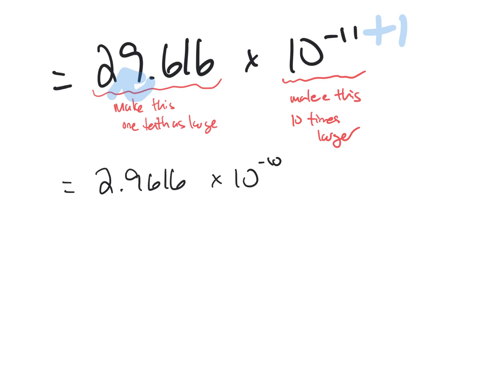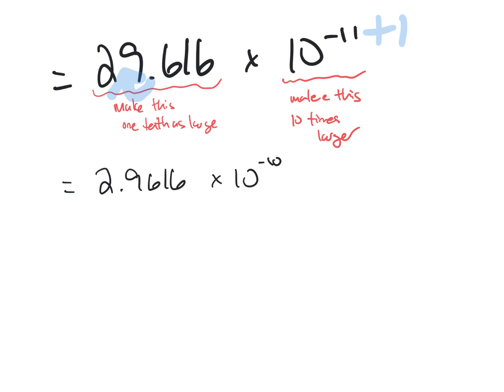And when you find out your answer, you're going to have to decide, is this in scientific notation or not? And if it's not like this one, you have to put it in scientific notation. And if you don't, then your answer is not fully simplified. So please try and make sure to remember to put those numbers in scientific notation.